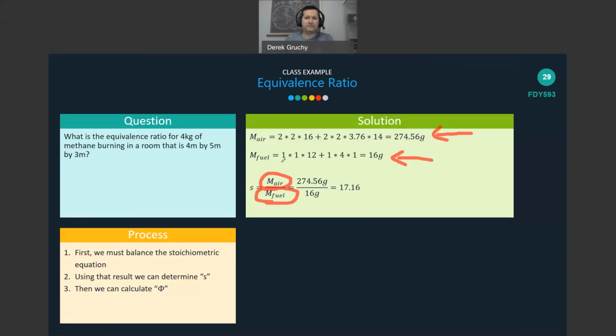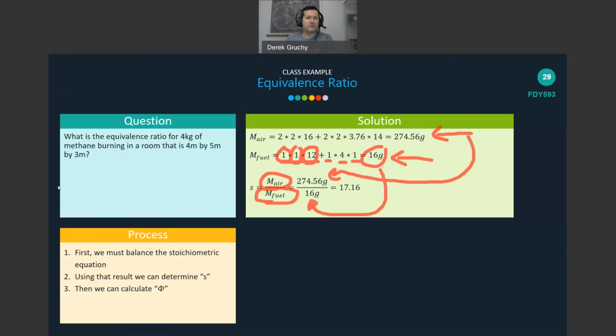So we've got the mass of 1 molecule of fuel: 1 carbon, and the carbon has a molar mass of 12 grams. Then we have 4 of the hydrogens, and they weigh 1 gram each. So we add all that up, and we get the 16 for the fuel, and the air comes in at the top.